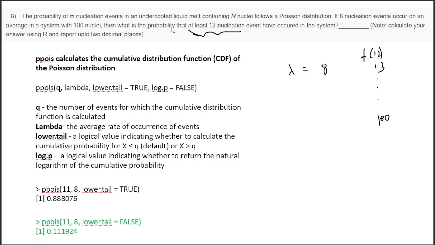What is the probability of at least 12 incidents that can occur in the system? At least 12 means it can be more than that also.